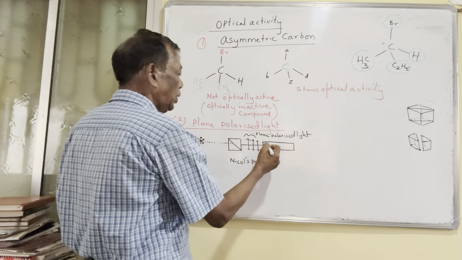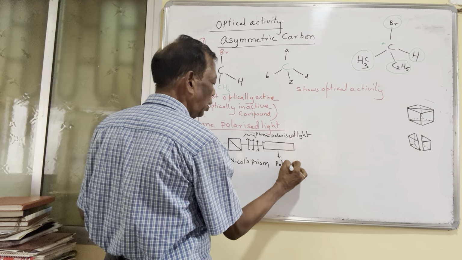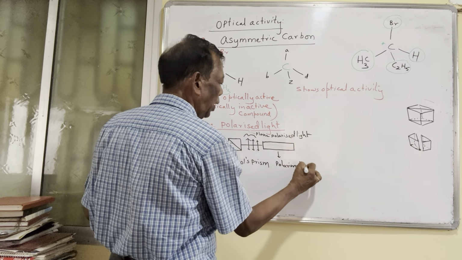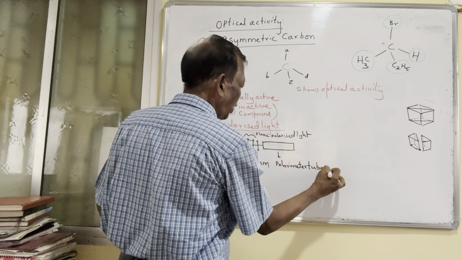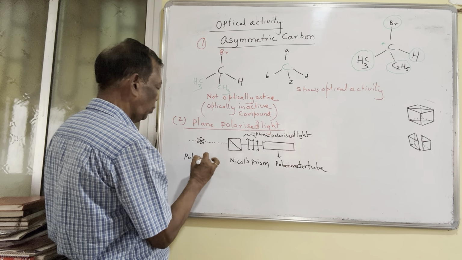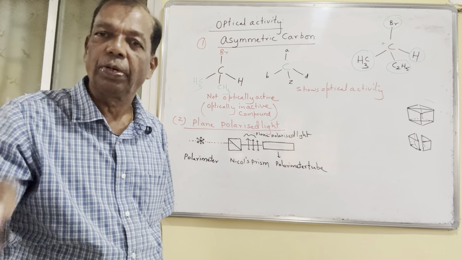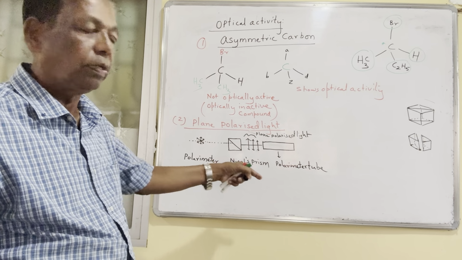So here in this tube, this is called the polarimeter tube, and this instrument is known as polarimeter. To know whether the compound is optically active or not, that instrument is known as polarimeter.